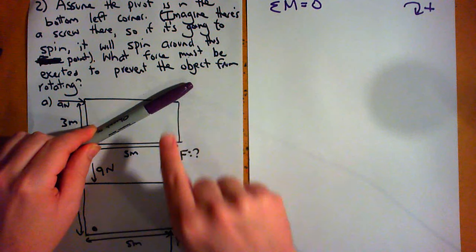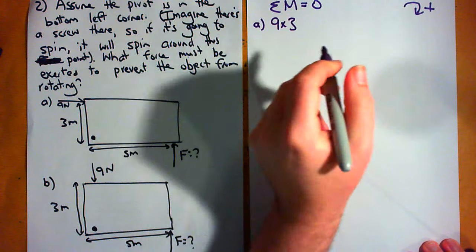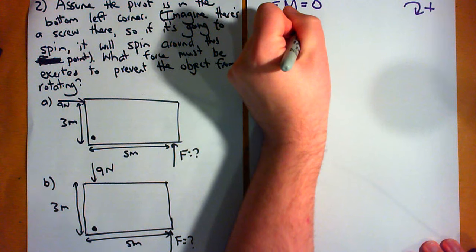So our clockwise moment is going to be, for question A, 9 times 3, and our anti-clockwise, which is going to be negative, is 5 times F. And if it's not going to rotate in either direction, we need that to be 0.